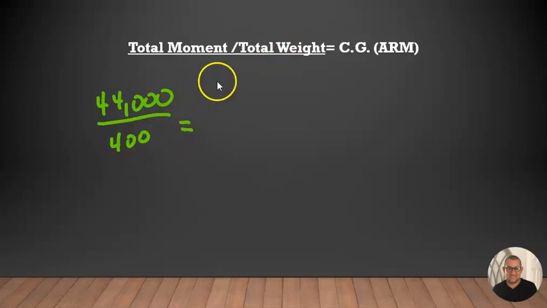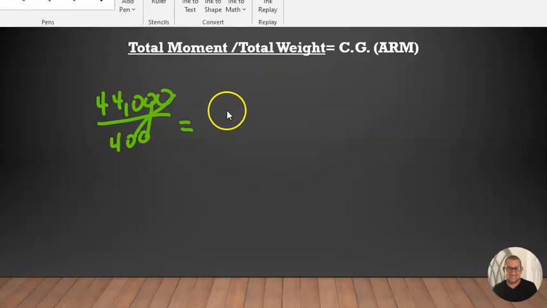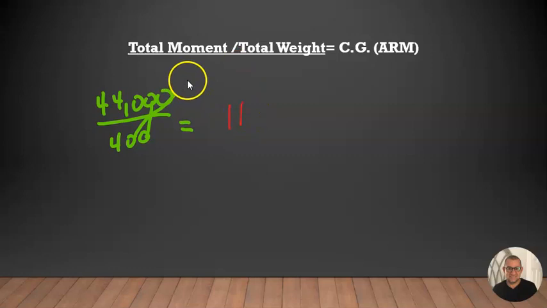And we're going to get 2 zeros crossed out, and then we're going to get 440 divided by 4. That's 110 inches. Just remember, this was pound inches, and this is pounds. The pounds cancel out, so you have inches. So our answer is 110 inches.